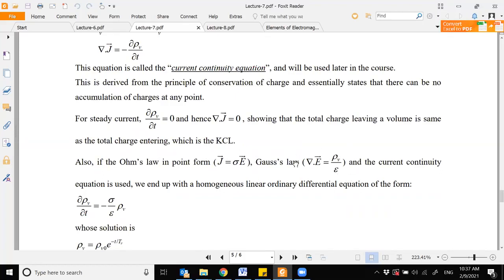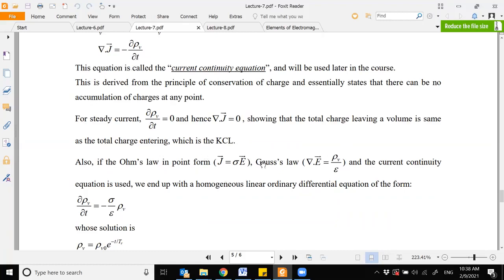I'm writing Gauss's law in differential form in terms of E rather than D. So D is epsilon E bar, and del dot E bar is rho v over epsilon, and J is sigma E. And there is the current continuity equation, del dot J bar is minus dou rho v over dou t.